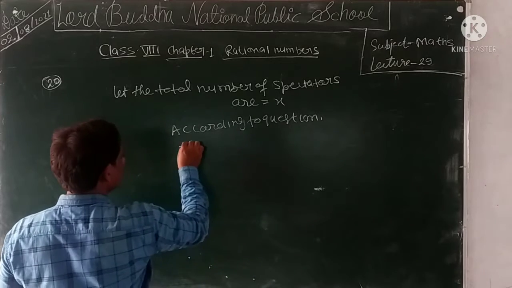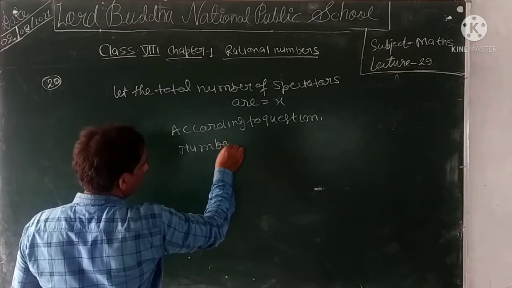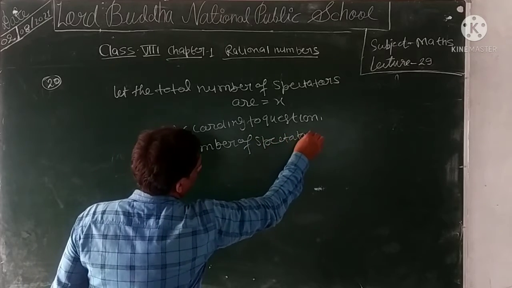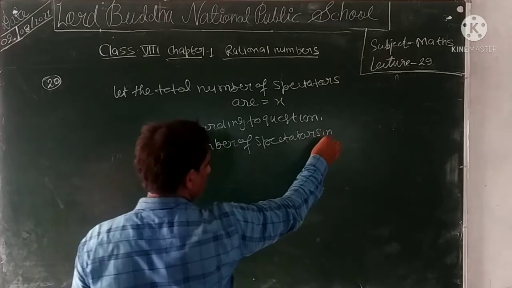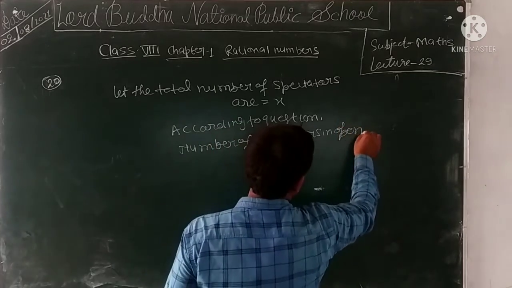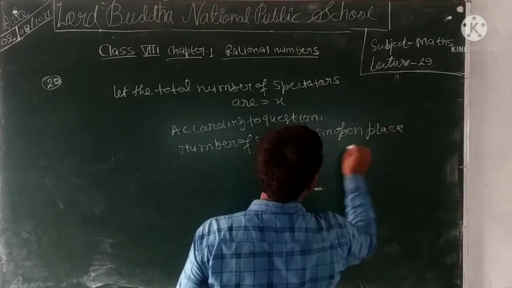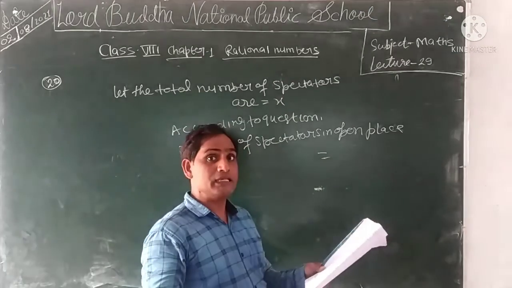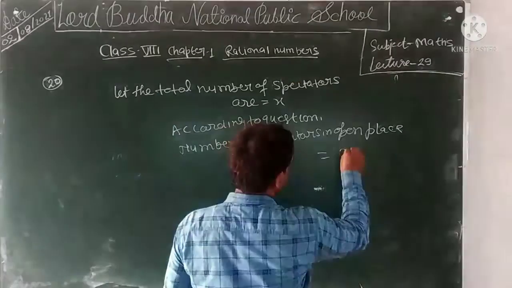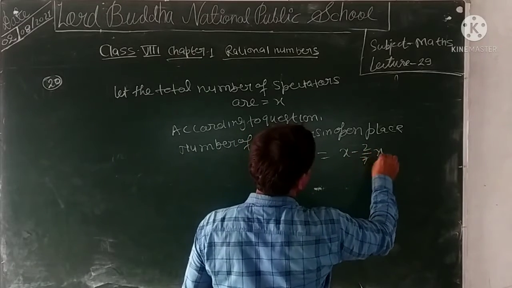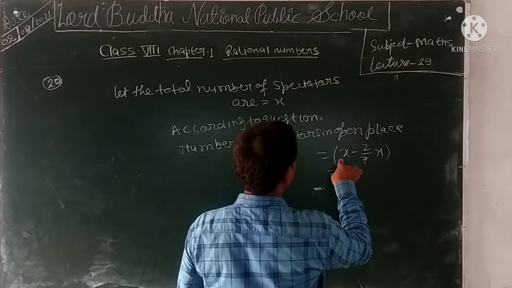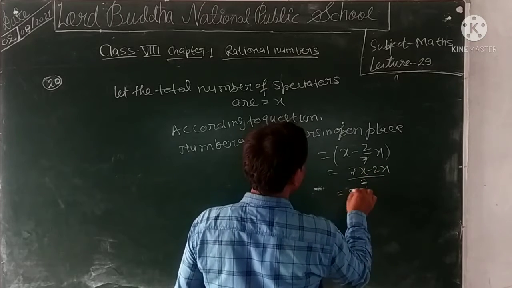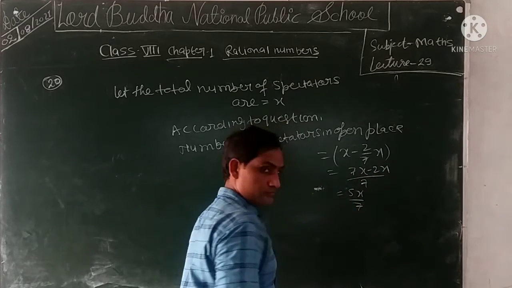Number of spectators in open place. Total number is X and 2/7 is in covered parts. Then X minus 2/7 X. Okay. 7 1 is 7 minus 2x upon 7 means 5x upon 7.